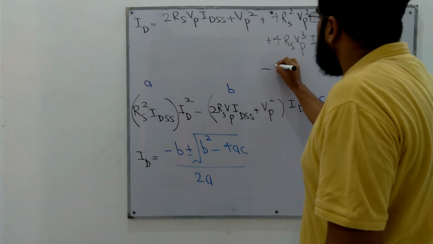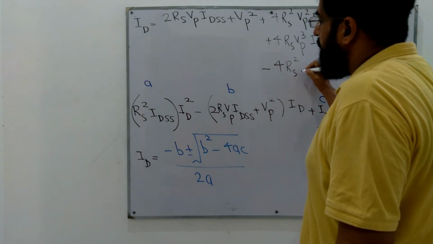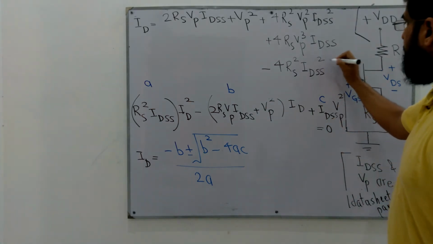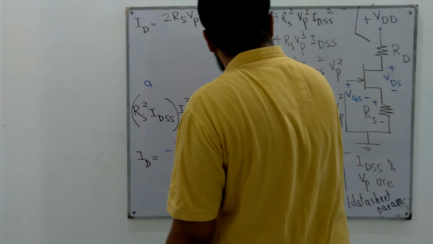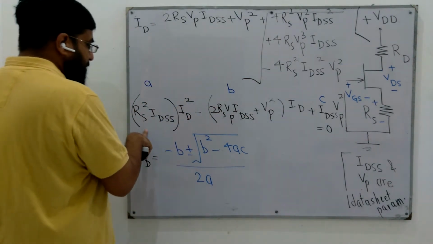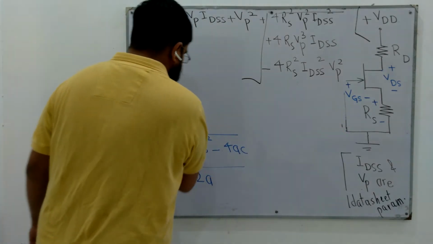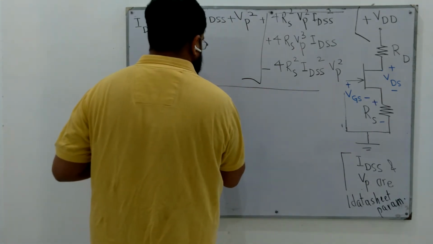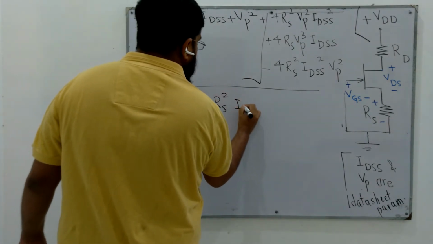This whole is in a square root, divided by 2 times a, which is 2 RS squared over IDSS.